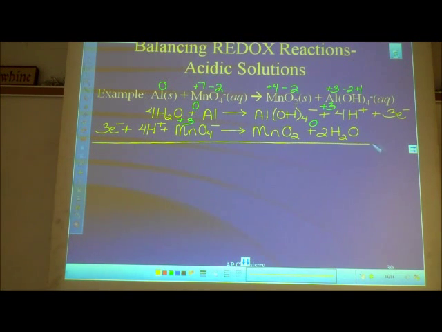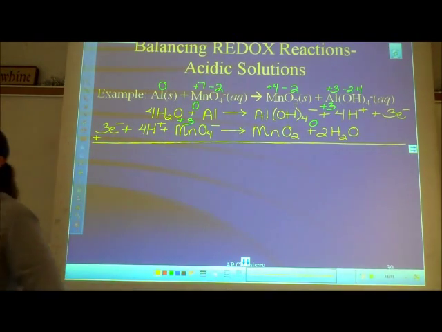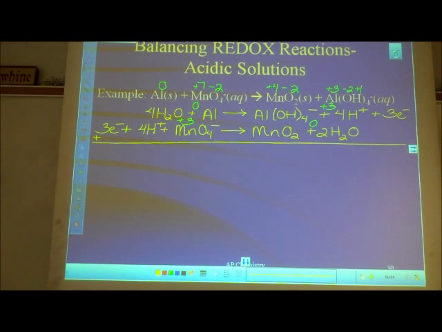Now, folks, the overall goal here is we are going to be adding these two half reactions together. This is a good point in this process where you should pause and make sure you haven't made any mistakes. First of all, your electrons should always be on opposite sides.